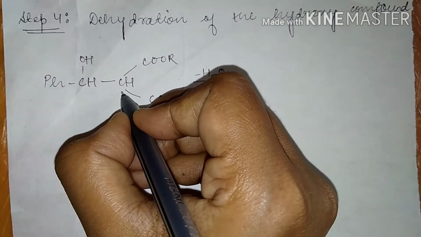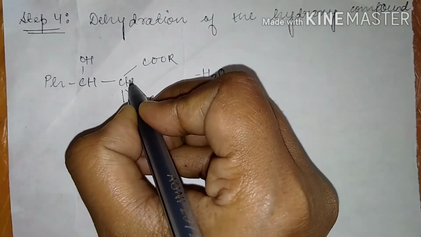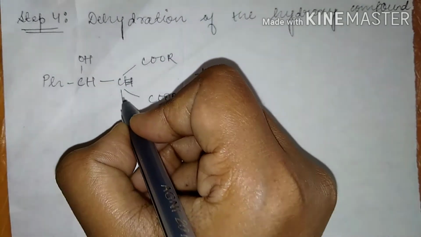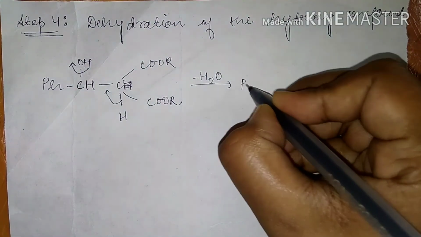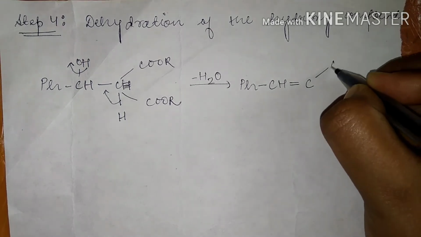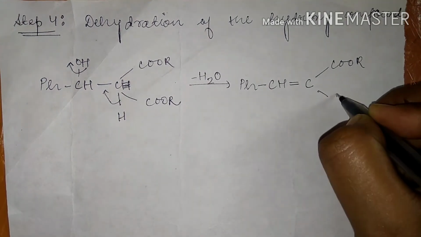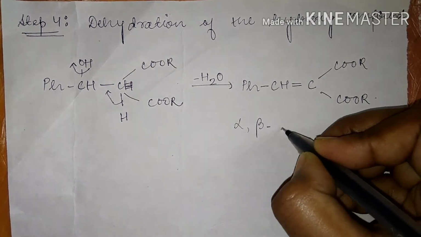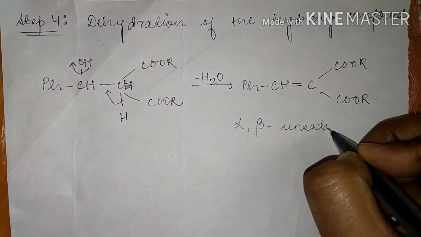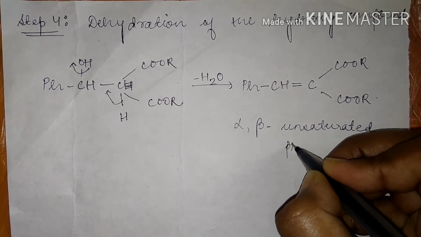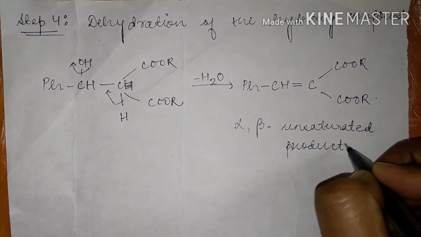The hydrogen from here and this OH will be removed simultaneously, leading to the formation of an alpha beta unsaturated product. Why is it alpha beta?